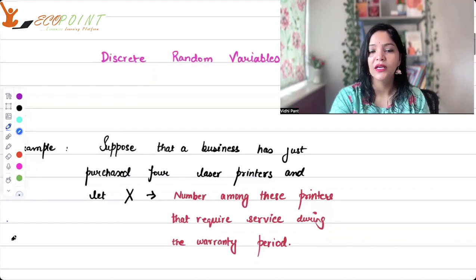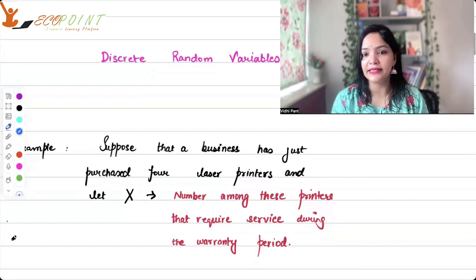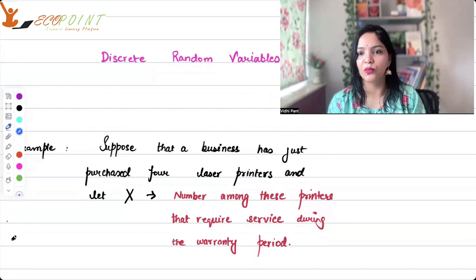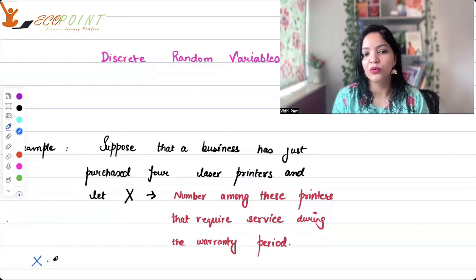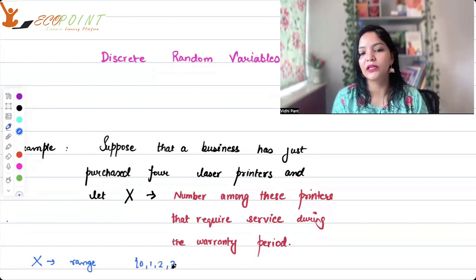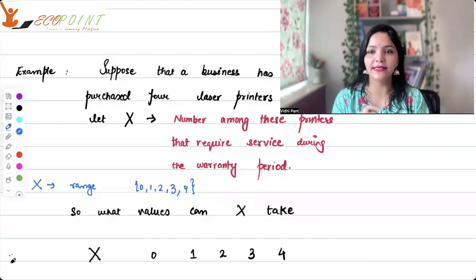Discrete values. And here, like in this example, whatever X I took, it can take values 0, 1, 2, 3, 4, which will be called the range of X. X is a function whose range is 0, 1, 2, 3, 4. There isn't any other number that can come in here. X takes 0, 1, 2, 3, 4 in this experiment.